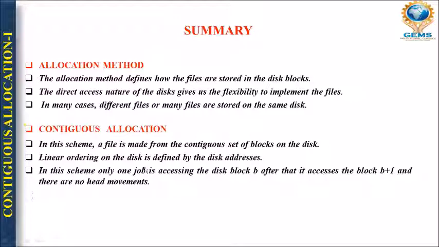It generally stores in terms of b plus 1, b plus 2, b plus 3, b plus 4, and so on, where it starts with block 0 and goes up to the nth block. So if it starts from 0, then the last block will be n minus 1.